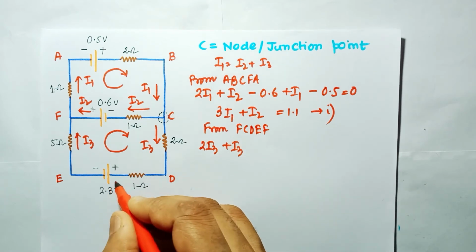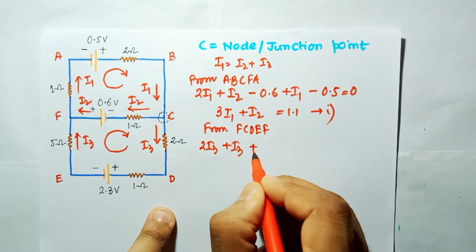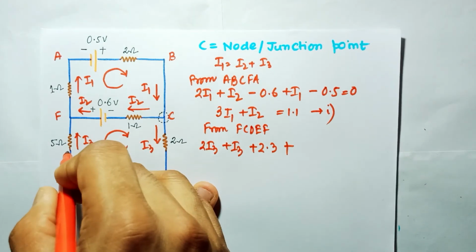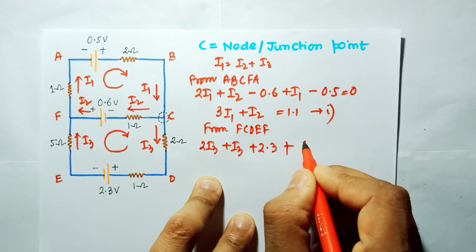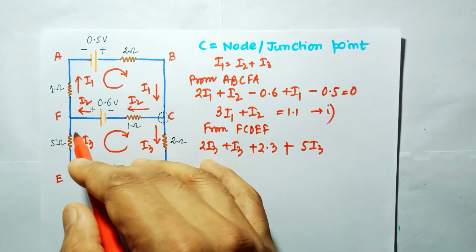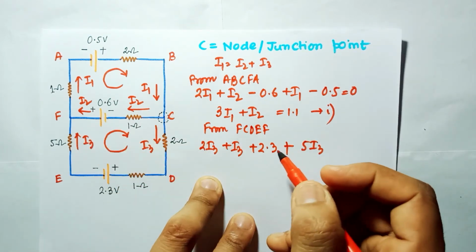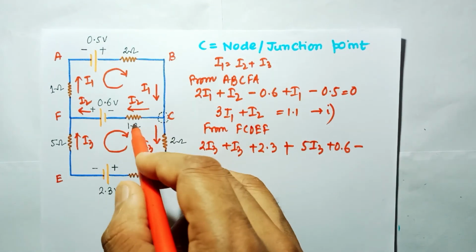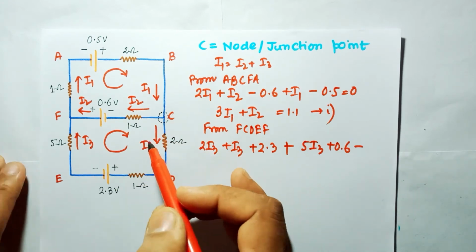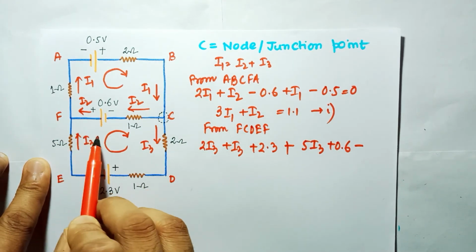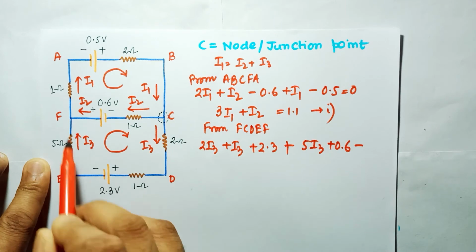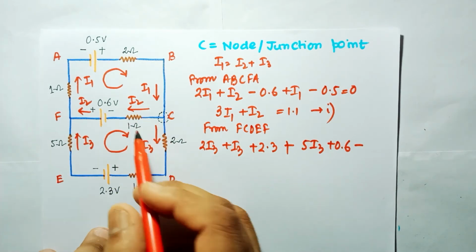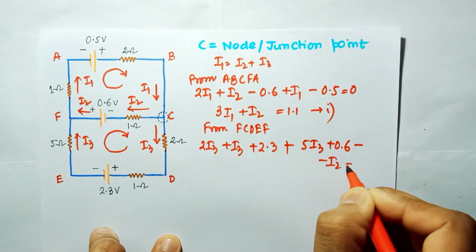Now I will see the positive terminal of the battery, so I will write plus 2.3, plus through 5 ohm the current is passing I3, so it will be 5 times I3. Now I will see again the positive terminal of the battery, so I will write plus 0.6, minus, in this direction I am assuming the current I2 is flowing from C to F, but while I am traversing in this loop FCDEF I will be going from F to C, so it will be minus I2 is equal to 0.